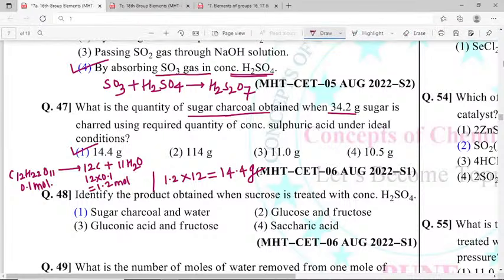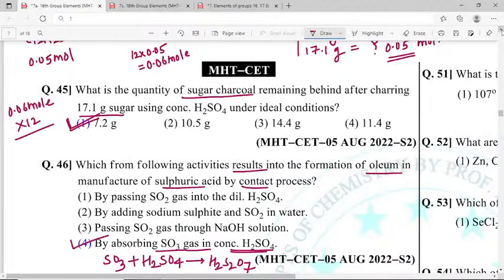Clear? Question number 47 and question number 45.